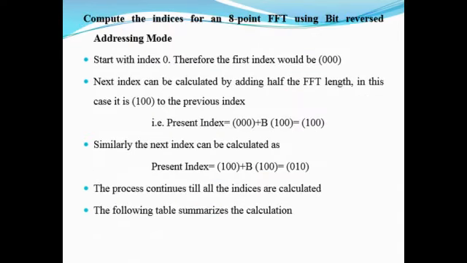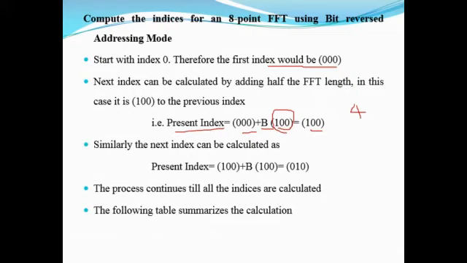For example, the first index is 0, 0, 0, and the next index has to be calculated. The present index is 0, 0, 0 plus the binary value of 4, which is 0, 1, 0, 0. If I add, I'll get 4. So the first index is 0, the next index is 4.